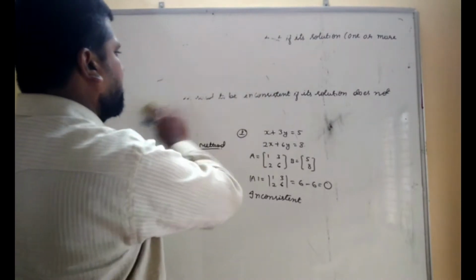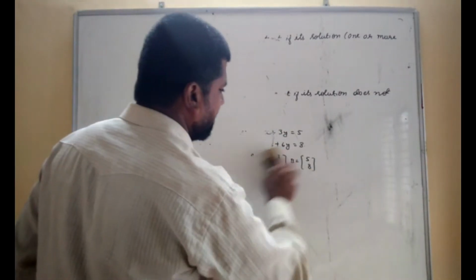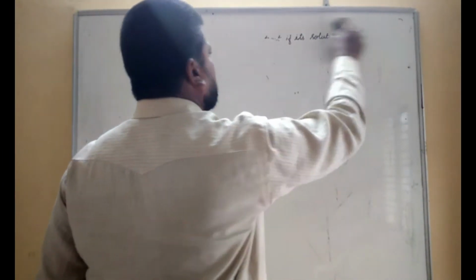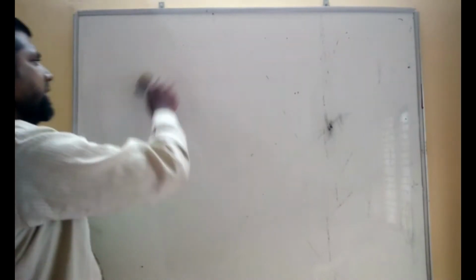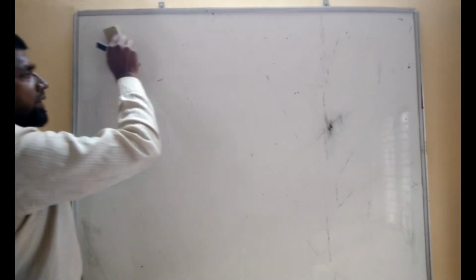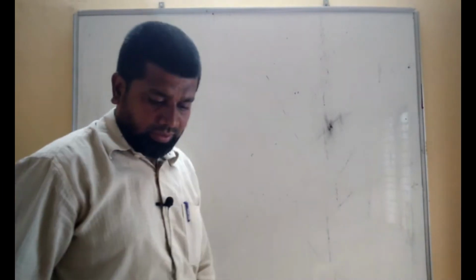So you have to take the linear equations and find the value of the determinant. If you are getting the value of the determinant as any value, that is called consistent. If you are getting the value of the determinant as 0, then it is called inconsistent. So you can solve the first exercise 4.6. In that first main you can solve easily.